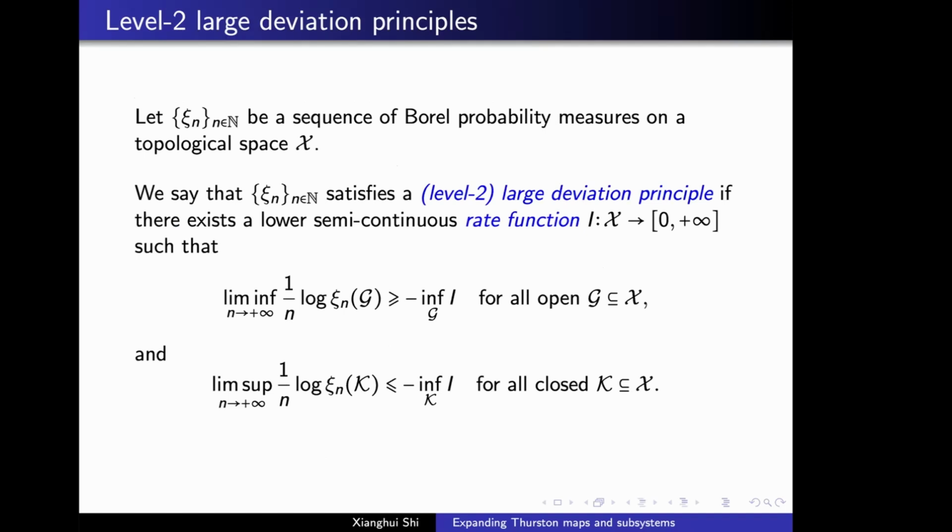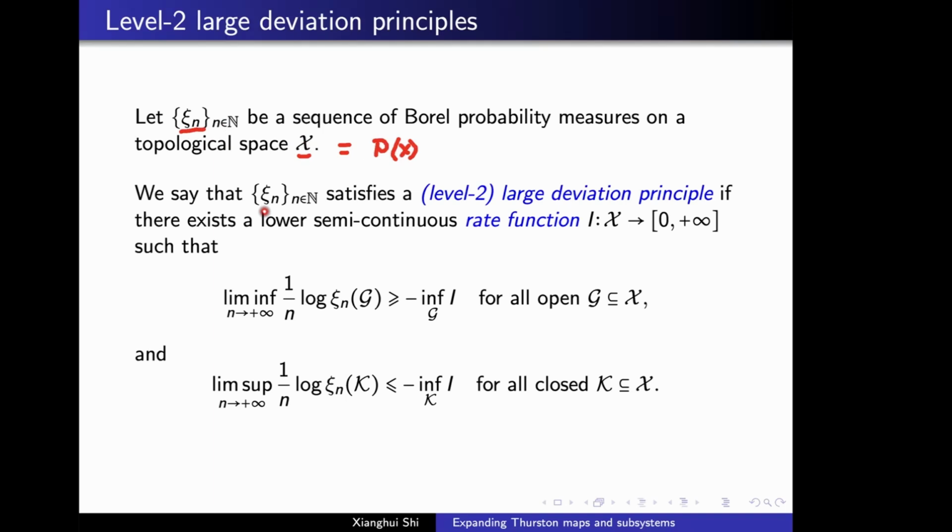Here is the formal definition of level 2 large deviation principles. Here we consider a sequence of Borel probability measures on a topological space X, and usually this space X is the space of Borel probability measures, which we denote by P(X). So this space is a space of measures, and the sequence is measures on measures. In this sense, it is called level 2.